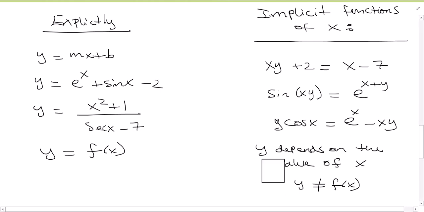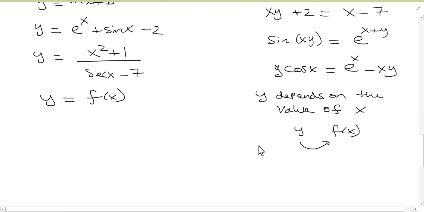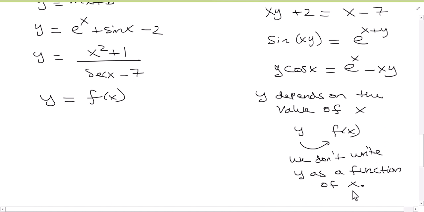Maybe I shouldn't say not equals, but I don't write it as y equals f of x. So we don't solve for y. So we don't write y as a function of x. So that's what it means to be implicit.